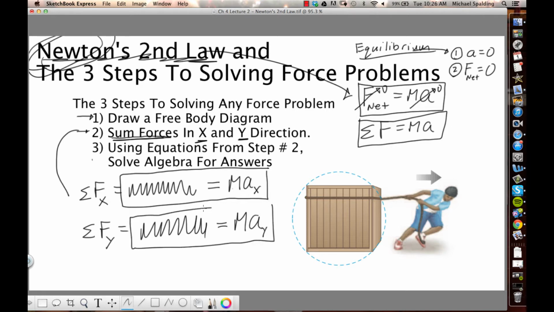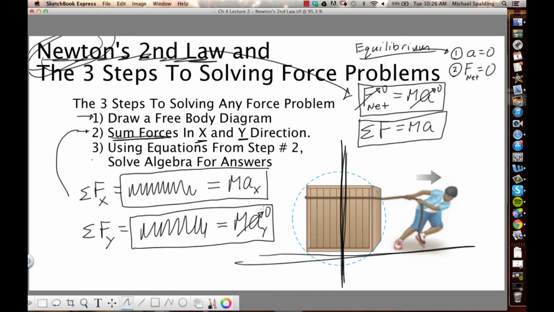Now, what if you have 0 acceleration in the y direction? Like, see this kid here? He's pulling this box. Which way is this kid pulling the box? In the x direction. So what's the y acceleration going to be for this box? 0. That box is not going to accelerate into the sky. It's not going to accelerate into the earth. So you can go, oh, this y acceleration is 0, right?